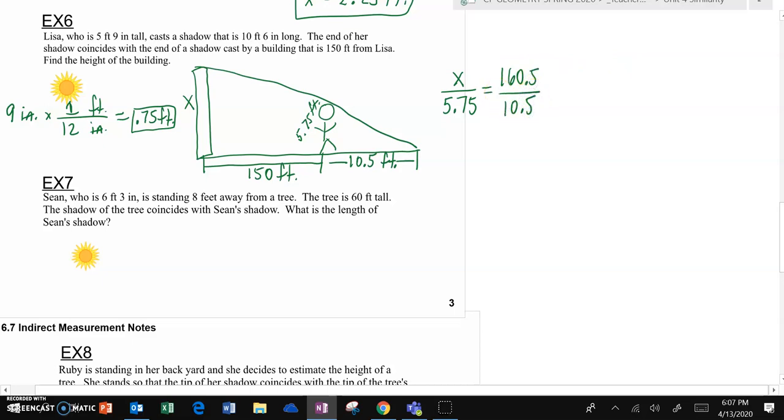And the small triangle's bottom is 10.5. So when I solve that proportion, I should get 87.9 feet. Okay, so I'm going to go ahead and give you guys a chance to work out example 7 and example 8, and then we'll go over that in just a moment.